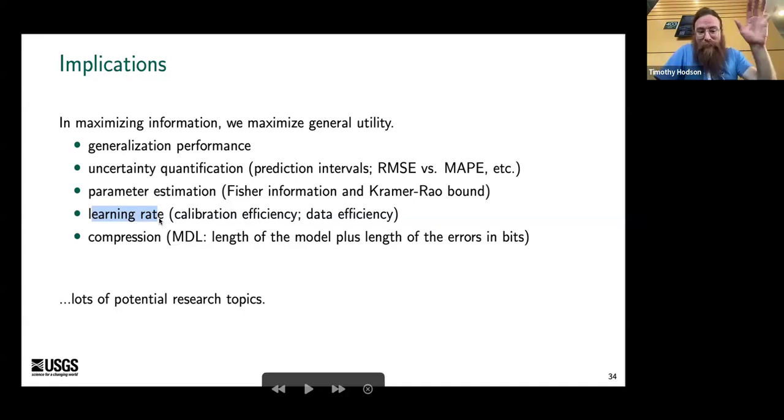Again, that's a little more hand wavy, but the point of this is just, I think there's lots of potential research topics, and to emphasize that in this paradigm of optimizing a general utility, like information, the benefits are going to be very general, kind of whatever you imagine, it will probably affect that in some way. Any application of the model, this should affect its performance.